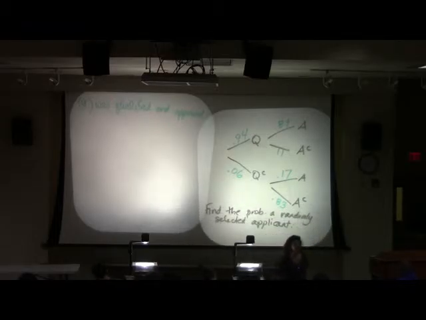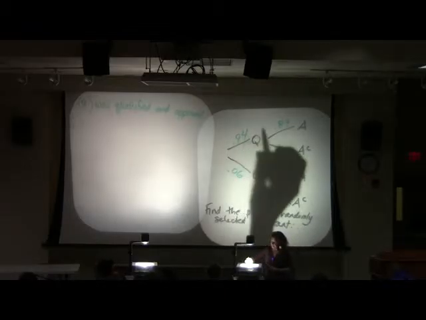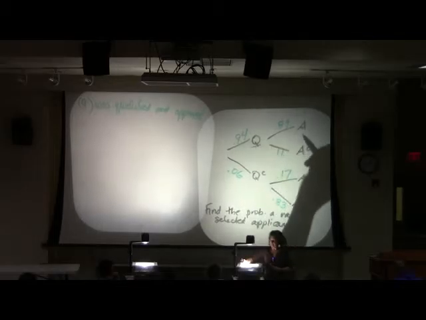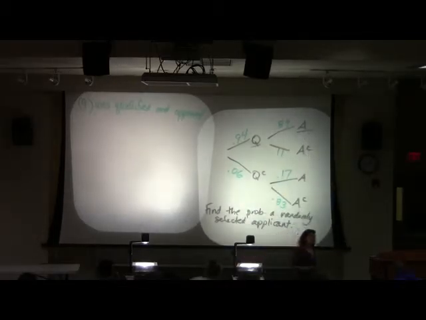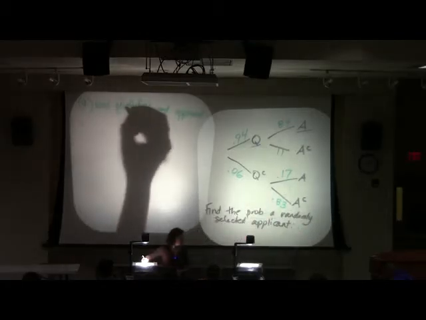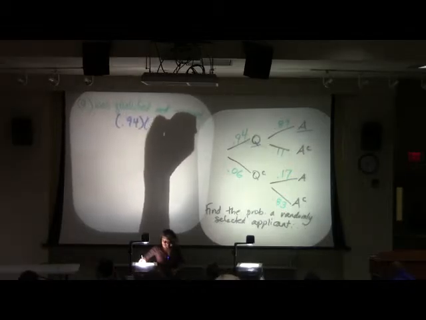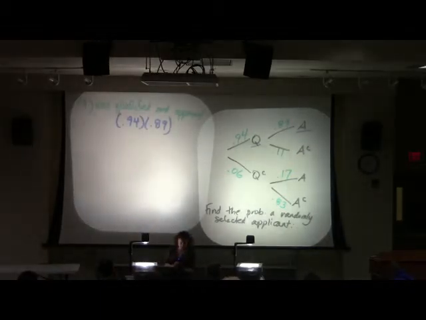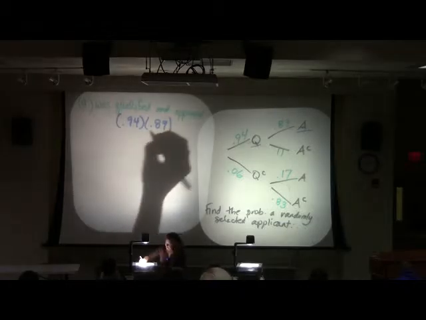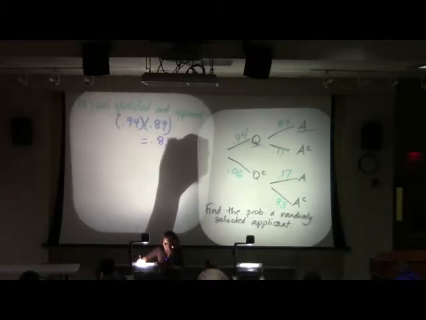Okay, is this something we can do? Absolutely. Aren't I interested in finding the probability that they're qualified and approved? How do you find the probability of a branch of a tree? You multiply along that branch. So we have what? 0.94 times 0.89. Does this look somewhat familiar to you guys regarding your last test? Hopefully. All right, and if anybody cares, it's 0.8366.